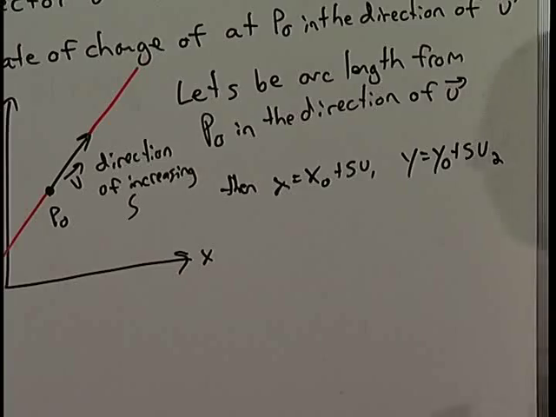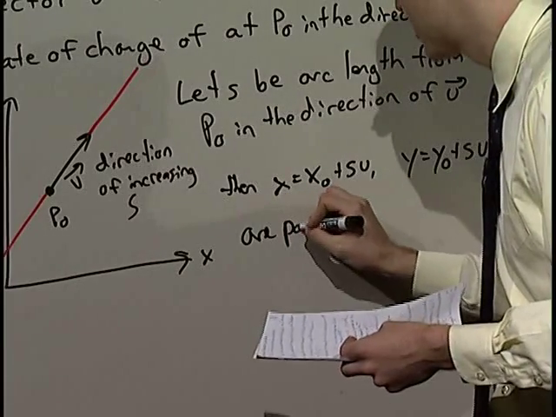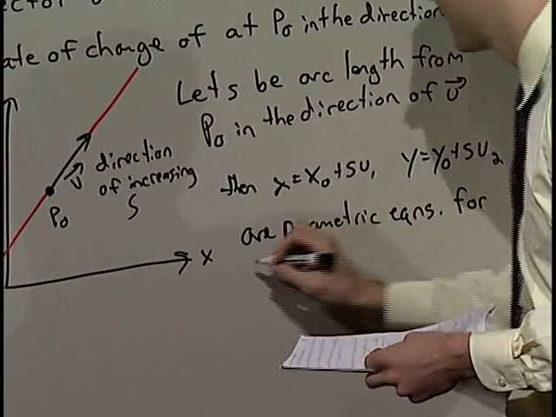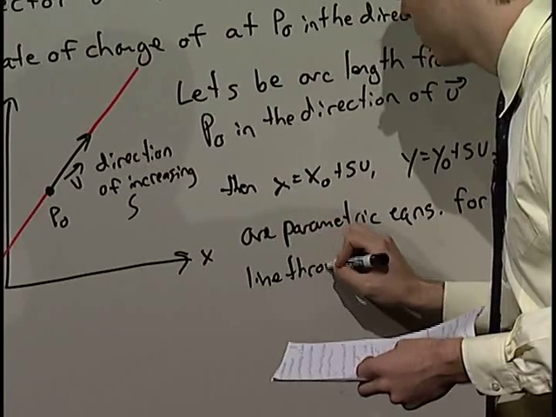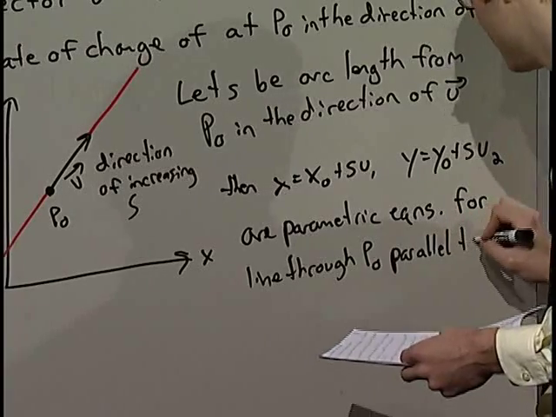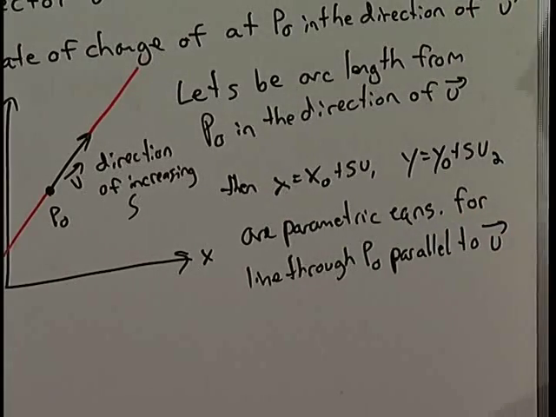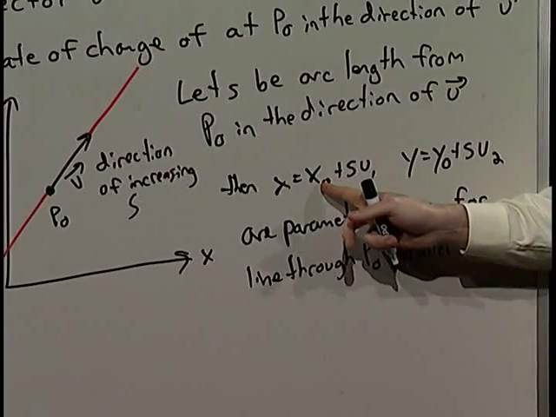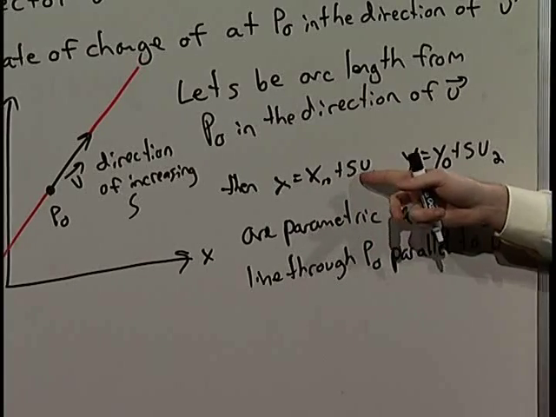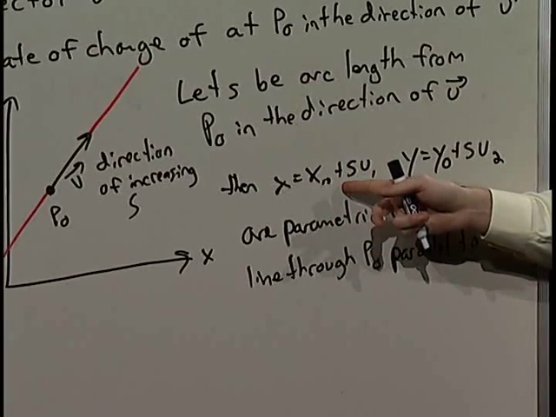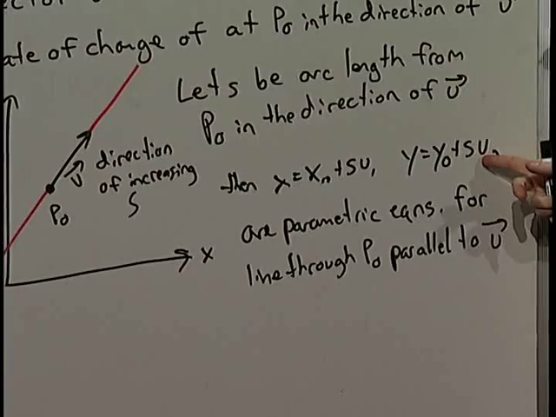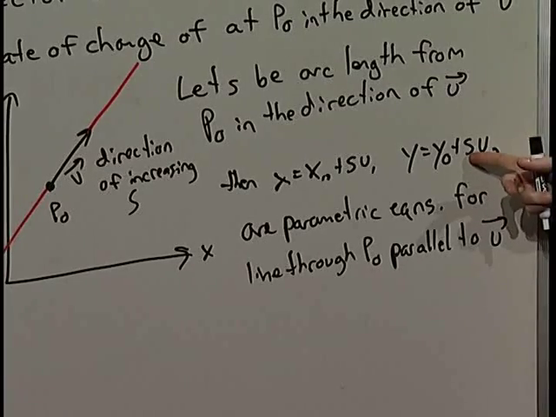These equations are the parametric equations for the line through P naught parallel to the vector u. Remember, you start here in the x direction at x naught, you travel along some component u1 some arc length s, and land at some new point x. Start at y naught in the y direction, travel along some component u2, some arc length s, and land at some new point y.